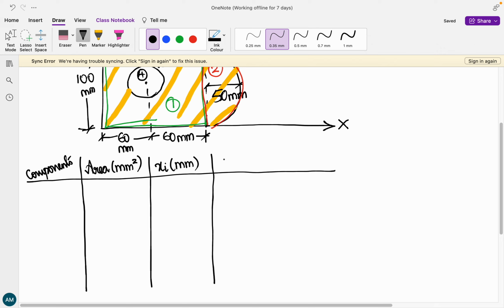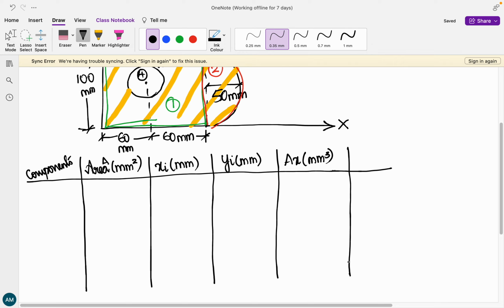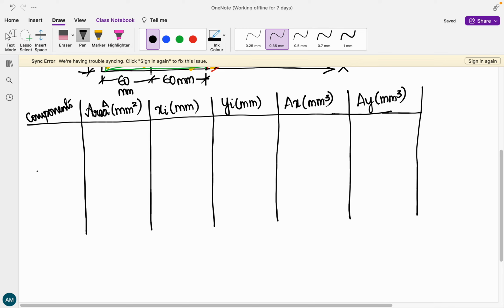The next one is going to be yi in mm. Next, this area is denoted by A, so A into x, that is mm cube. And the next one is A into y, also in mm cube. So these are the columns that are going to be considered.